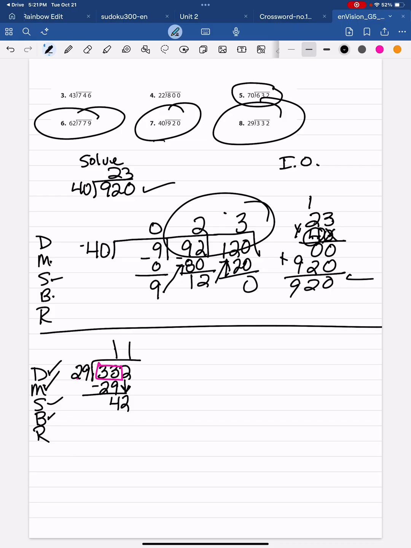And now we are back to our multiplication. 1 times 29 is 29. Now we are subtracting. We're going to have to do a little regrouping. 12 minus 9 is 3. And 3 minus 2 is 1. So we have 11 with a remainder of 13.